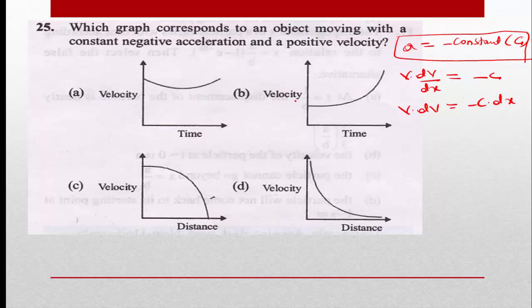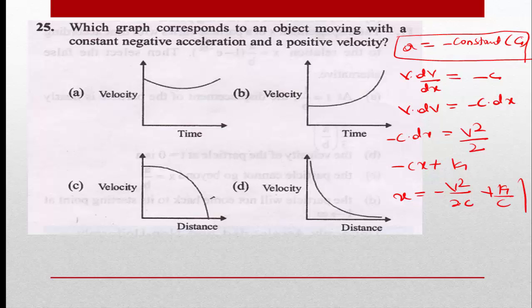When we integrate this equation, we get v square divided by 2 is equal to minus cx plus k. Therefore x is equal to minus v square divided by 2c plus k divided by c.